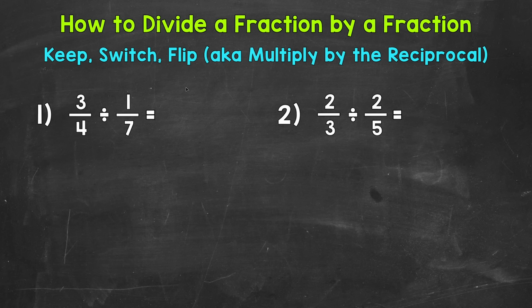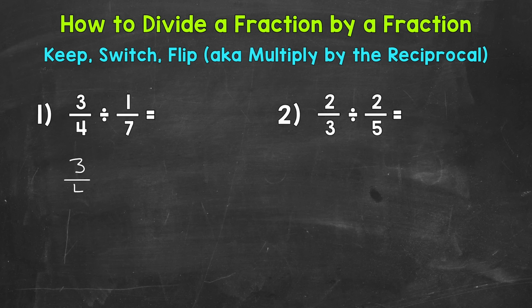Let's jump into number 1, where we have 3/4 divided by 1/7. So we are seeing how many 1/7 we can make out of 3/4, or how many 1/7 are in 3/4, so to speak. So let's start by rewriting this problem using keep, switch, flip. So we always keep the first fraction or number.